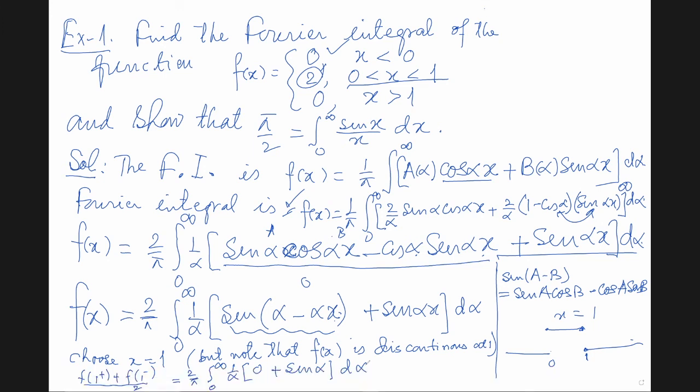Now, tell me what is f of 1 plus? It means going to 1 from this side. This is the graph. And what is f of 1 minus? Going to 1 from this side, that is equal to 2.